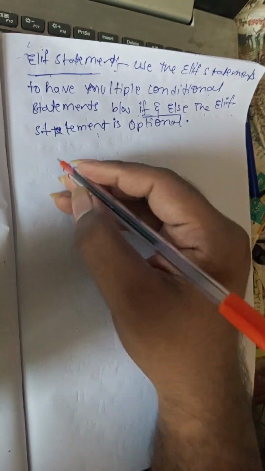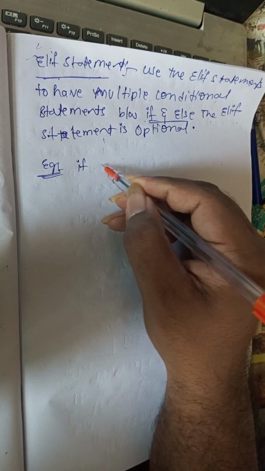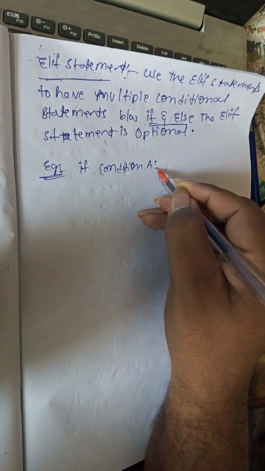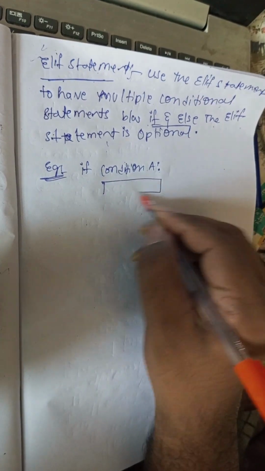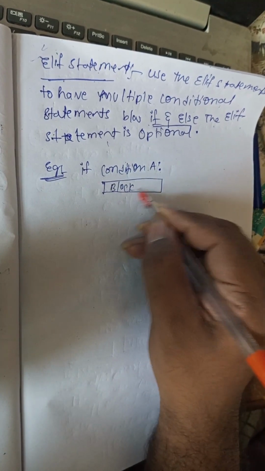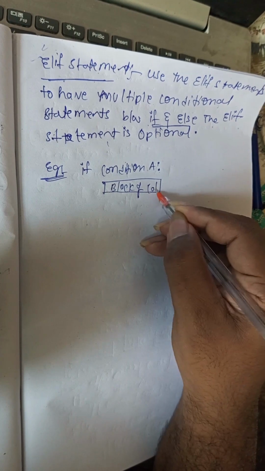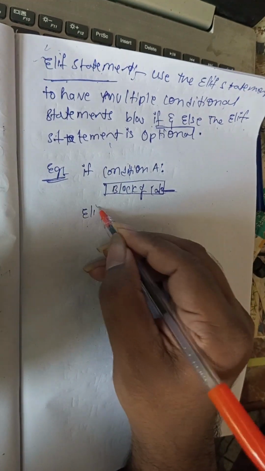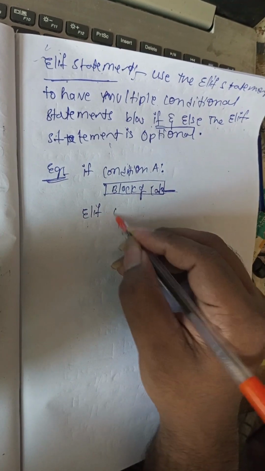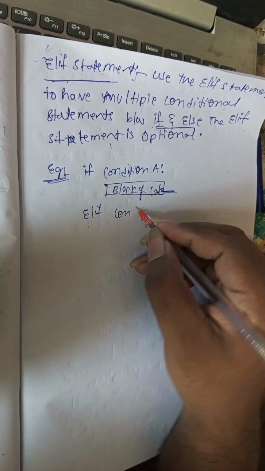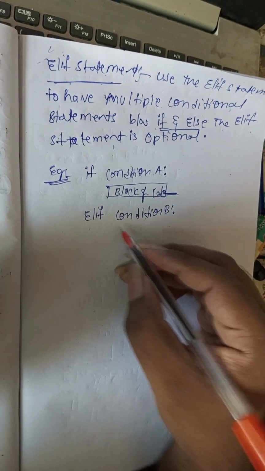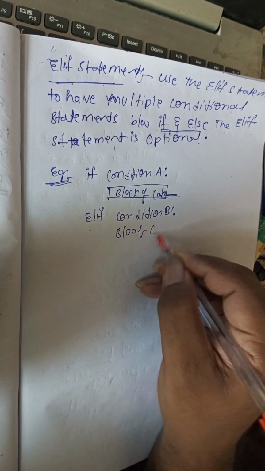For better understanding, for example, if we write if condition A, then here I am using a block of code. Here I am using Elif, here using a condition B. Again here I am using a block of code.